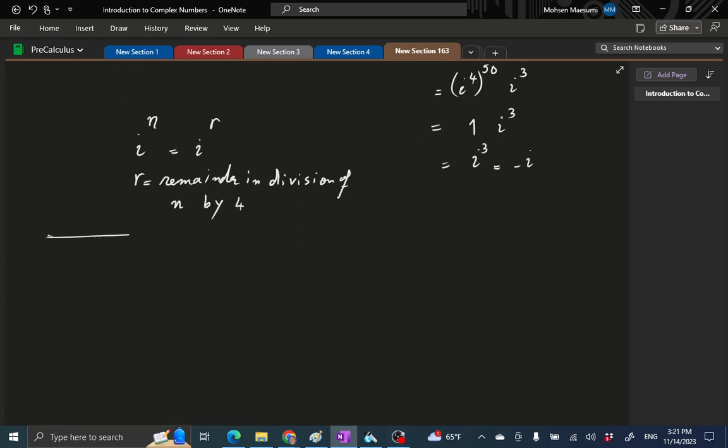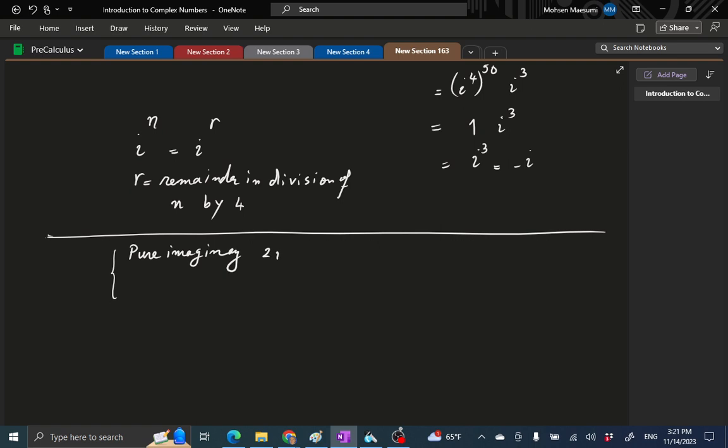Next up, we are going to look at so-called complex numbers versus pure imaginary numbers. So pure imaginary, when a number is multiplying just with i, we refer to that as pure imaginary.